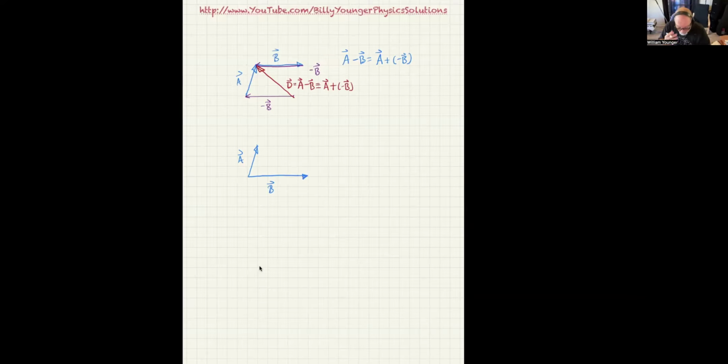If we wanted to know A plus B, we would draw a completion of the parallelogram. But since we want to do A minus B, I have to take B and turn it around backwards. When I turned B around backwards, it became that purple vector, and now that purple vector is in head to tail formation with the A vector.